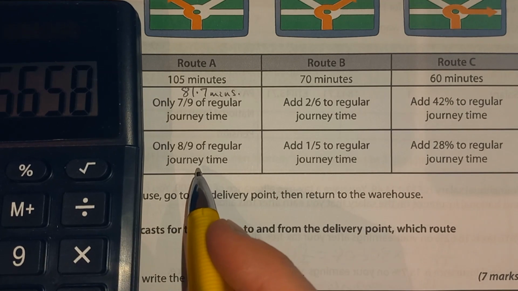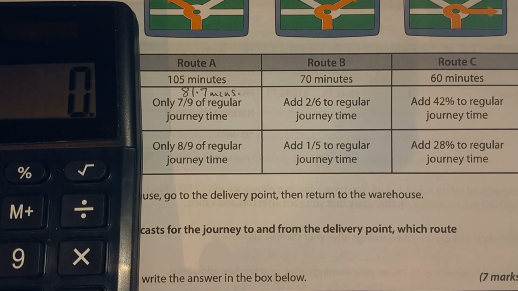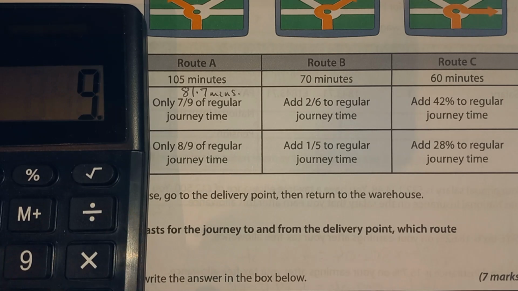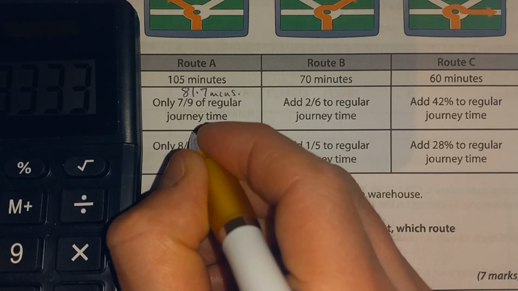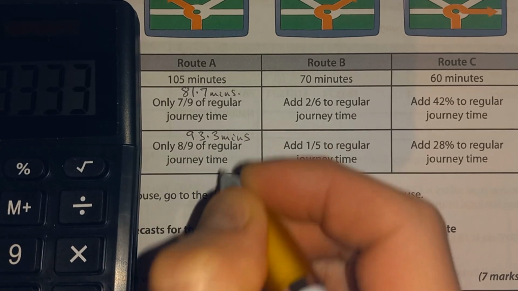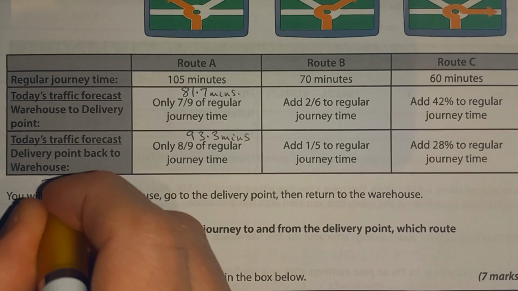And then on the way back, we want 8/9 of this. So in fact, I'll do the 105 first, times 8 divided by 9, and we get 93.3 minutes. So if we want the total time, let's put a total down here.